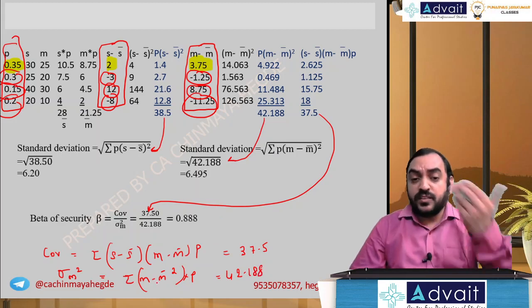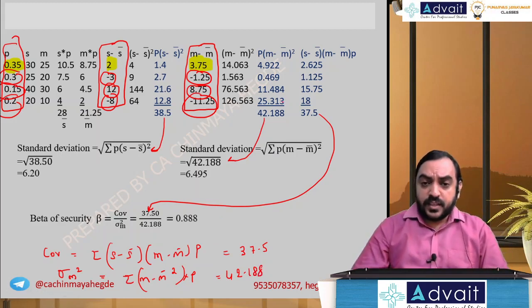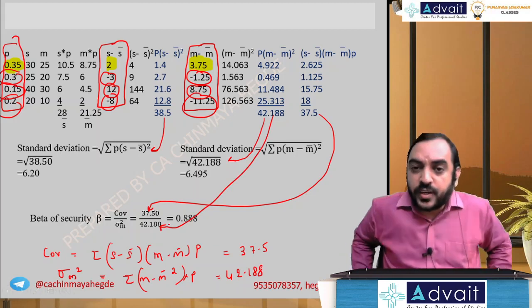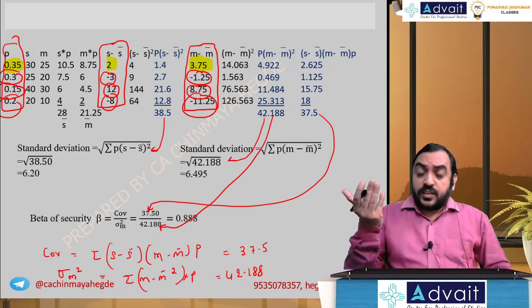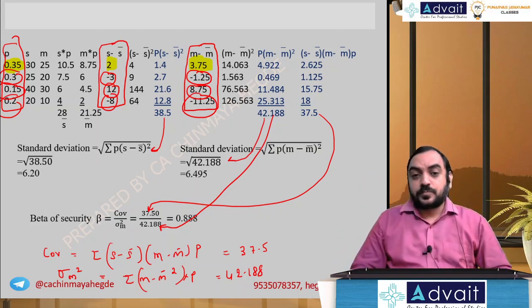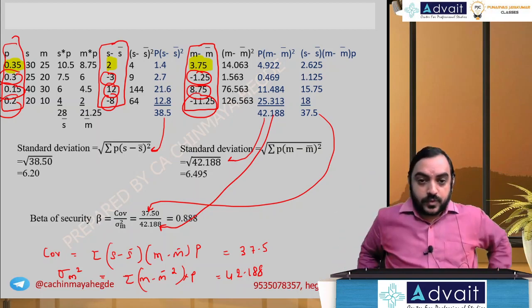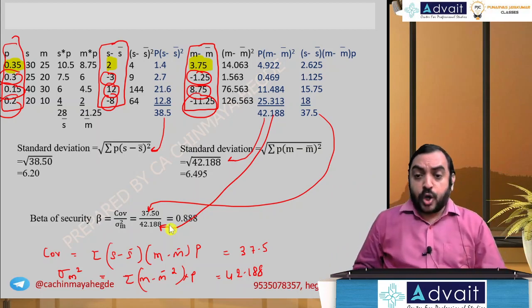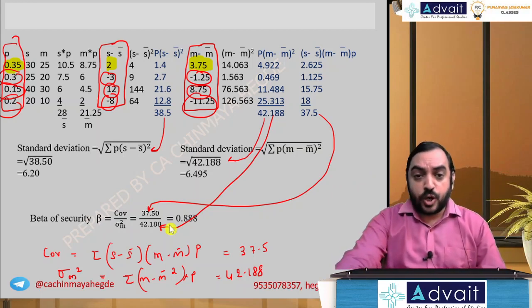Covariance by market variance, 37.5 by 42.188, we get 0.888, 0.89. Beta less than 1, which means security is less risky than the market. So if the probability is given, then you have to adopt this approach.